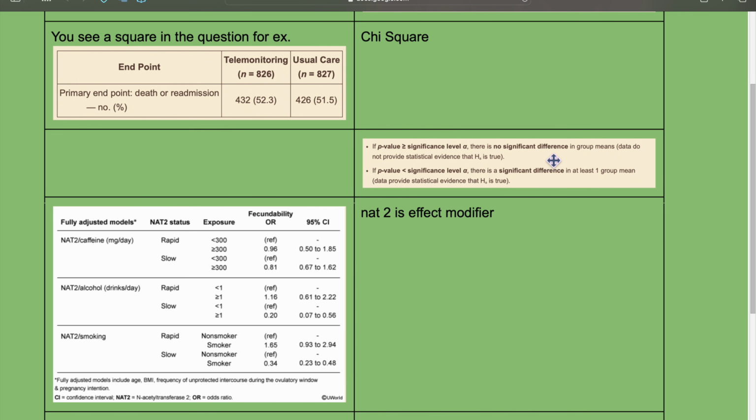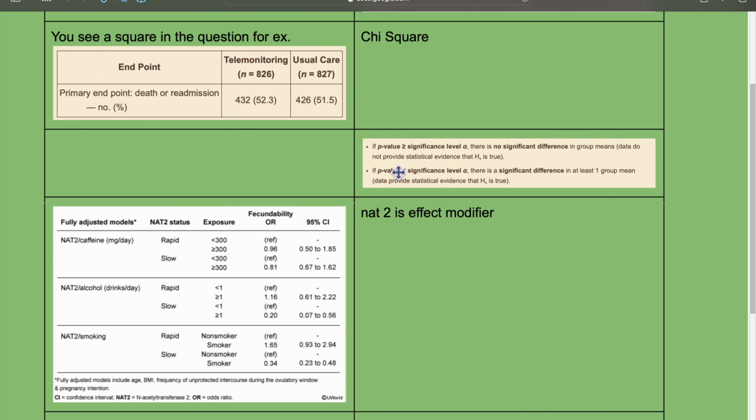Normally we would consider 0.05 as a value of significance, right? Because it's 0.05 or below. However, if they give you that alpha is 0.03, that means 0.05 of p-value is more than alpha. So if p-value is more than alpha, then we consider that there is no significant difference in the group mean.